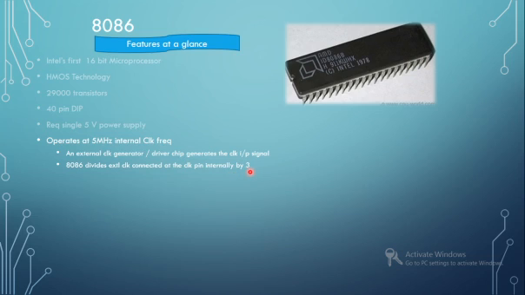How much frequency of clock must be generated by the external clock generator so that 8086 can operate at 5 megahertz? 5 into 3, that means 15 megahertz of clock frequency must be produced by the external clock generator. In this case, the external clock generator or driver chip is 8284, which is connected to the clock pin of 8086, which generates 15 megahertz, which will be divided internally by 3, and hence 8086 will be operating at 5 megahertz.